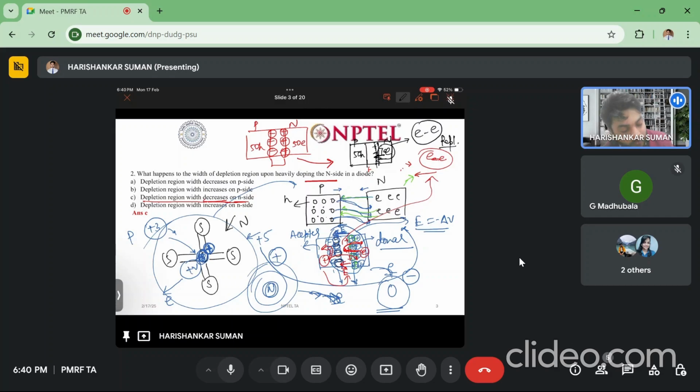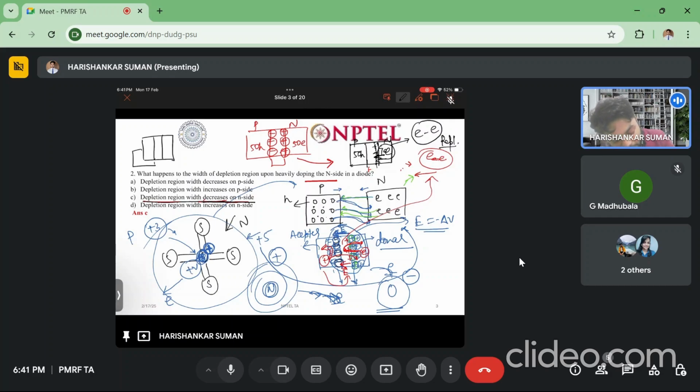They also apply force. So due to this, the depletion width also decreases. Let me explain in depth later.